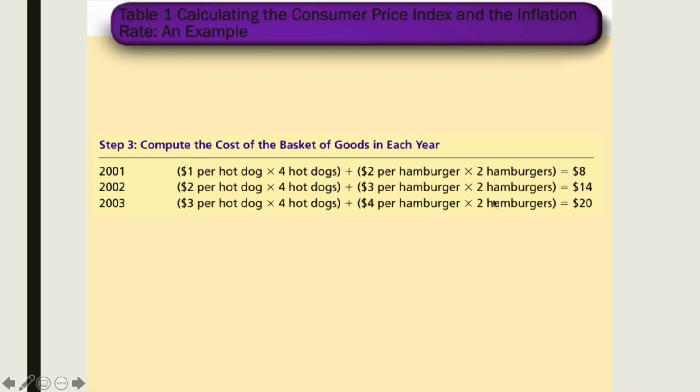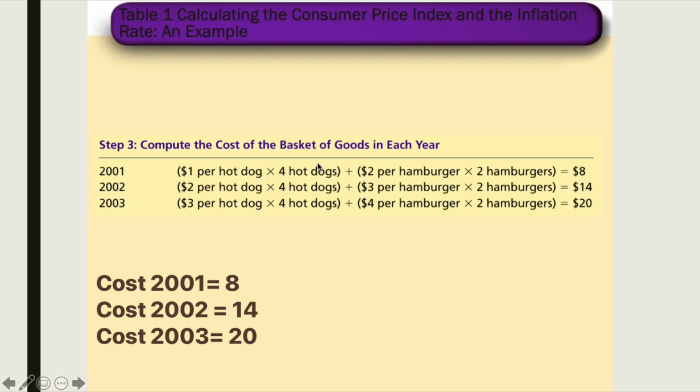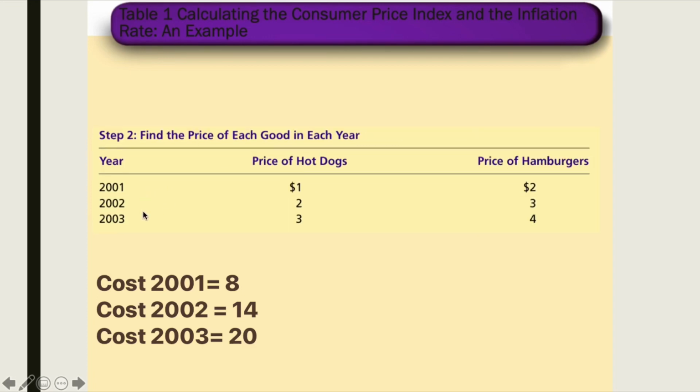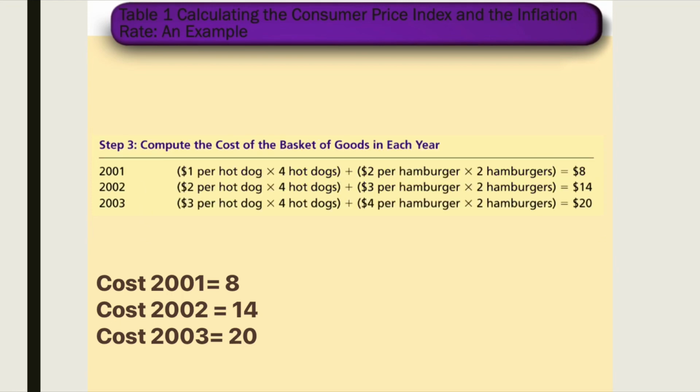The third step is to find the cost of the basket in each year. If you were to buy the same basket in all the 3 years, how much would the basket cost every year? In the first year, 2001, it would have cost $8. In 2002, it would have cost $14, and in 2003, $20.